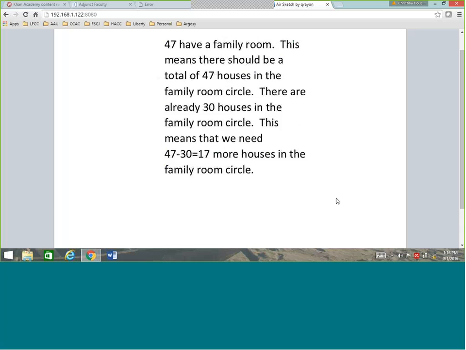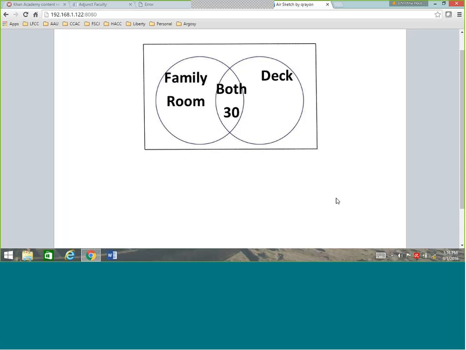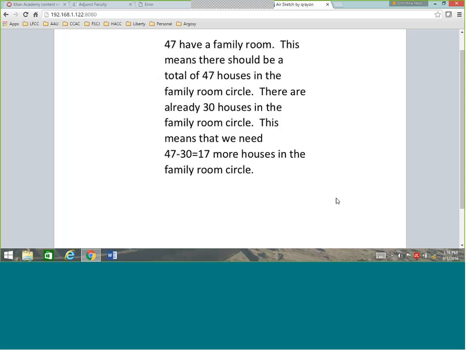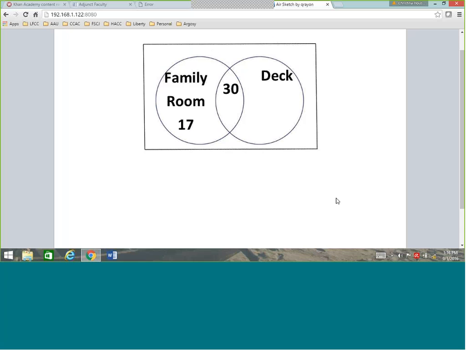Okay, so we're also told that 47 houses have a family room. This means there should be a total of 47 in the family room circle. In the family room circle, I already have 30. So what I need is 17 more houses in the family room circle, which looks like that.